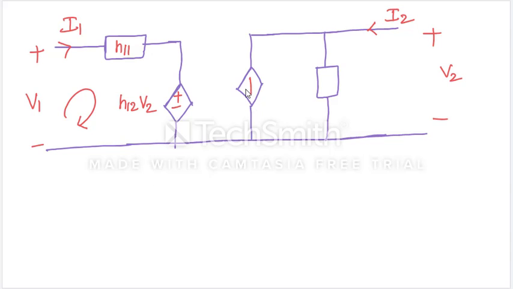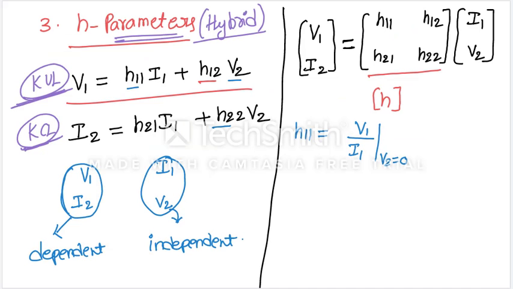Next, what should we call this current source? It is H21 into I1, and this is H22. Now the KCL at this node: I2 is equal to V2 into H22 plus H21 into I1. Check, it satisfies H21 I1 plus H22 V2.